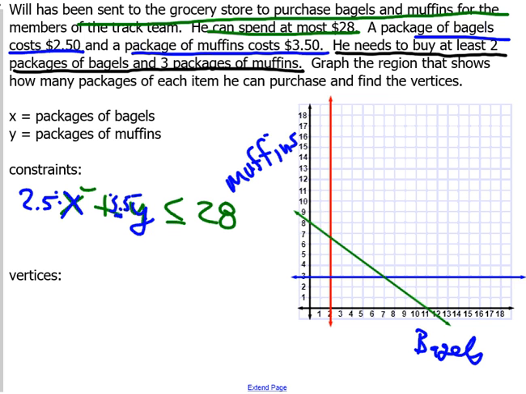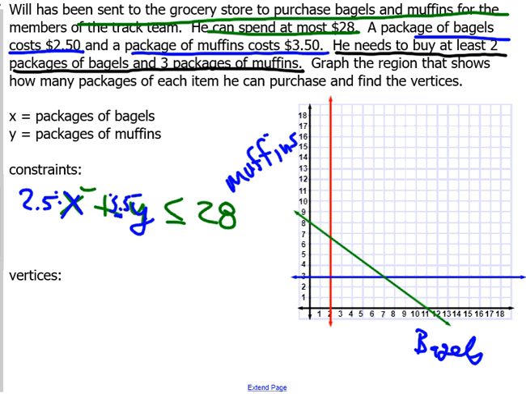There's 2 equations there. One of those equations is about X, one's about Y. I'm going to pause where you take just a few seconds to figure out how to say at least 2 packages of bagels and at least 3 packages of muffins.